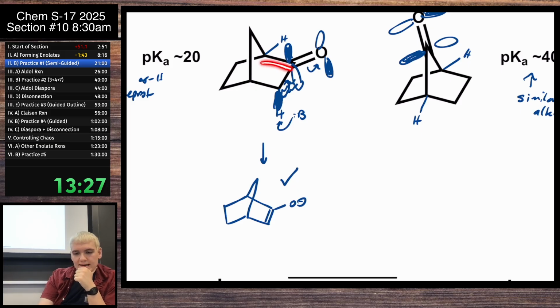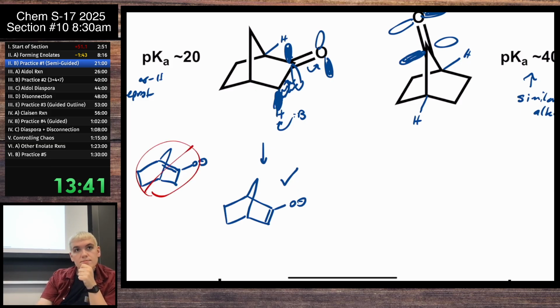We already said that the hydrogen wasn't aligned, but let's say it could like bend itself. Why is this not a good structure? You have a double bond at the bridge head. Yeah, it violates Bredt's rule. So, like, you are just not going to be able geometrically to get that to happen. Okay, so this one works.